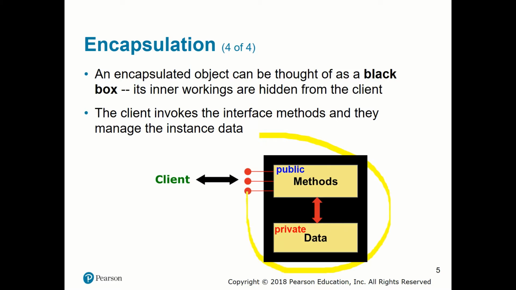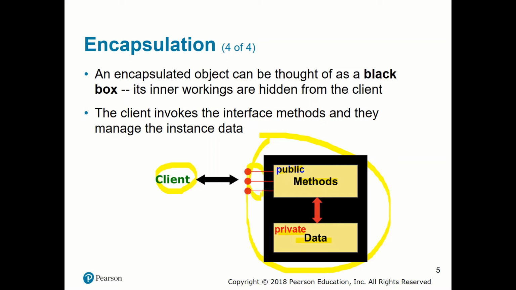Think about this as a class. And here is the private data. And here is the public method. The client wants to do something with this data. But since this data is private, the client cannot directly access it. To access this data, the client should use a method.